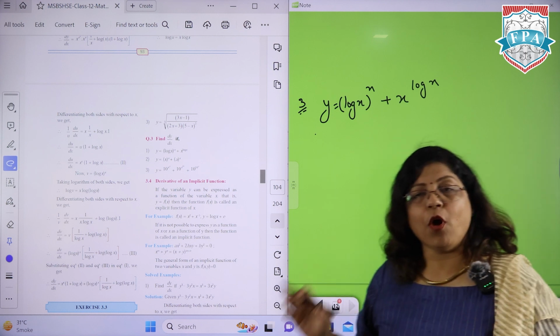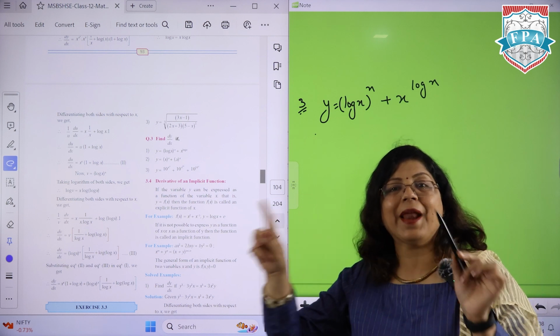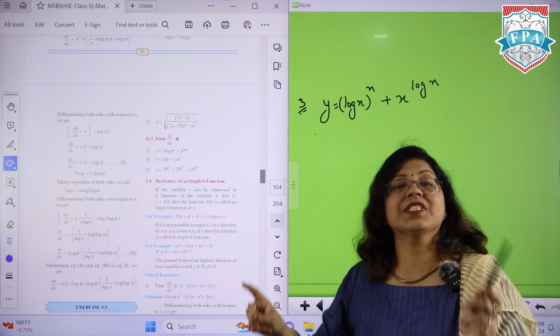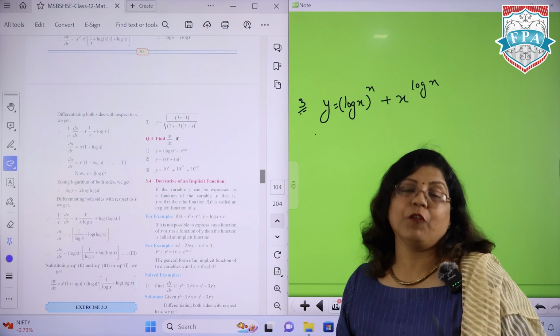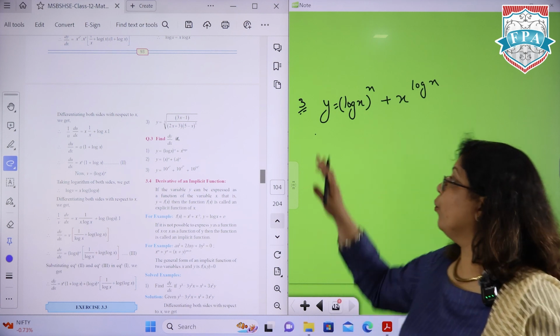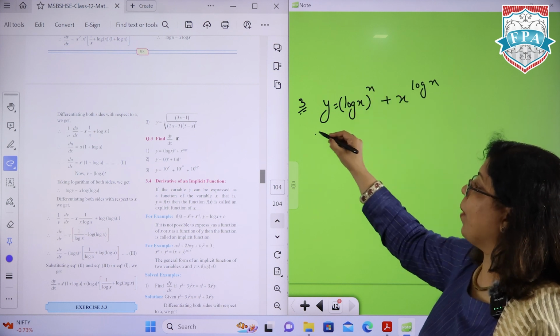But when we see the formulae, we don't have any formula for log of (m plus n). It's always m into n or m divided by n or m to the power of n. So rather than taking log together, first divide them in two parts.